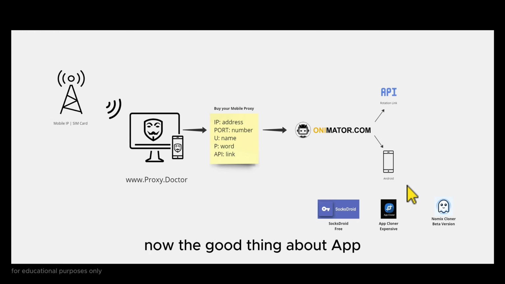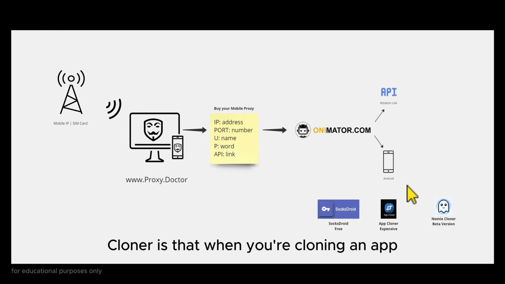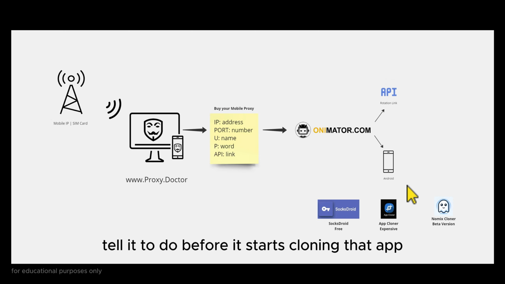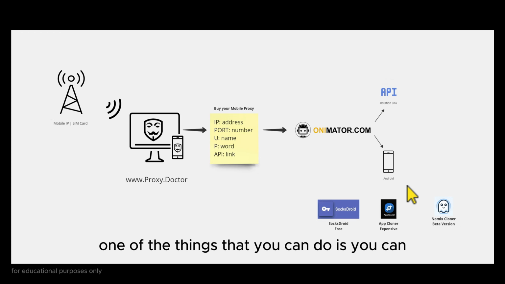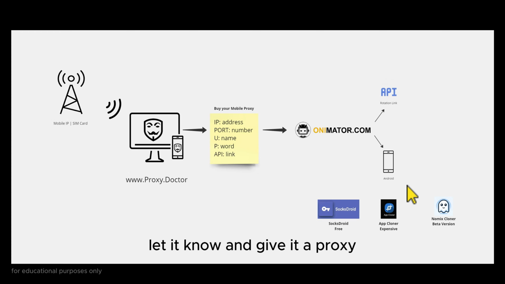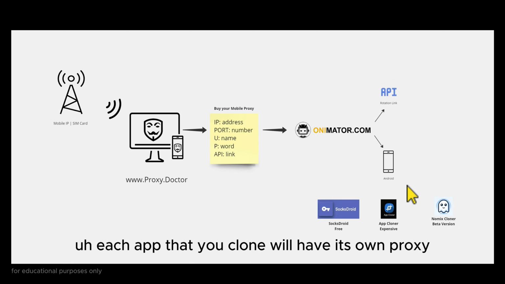The good thing about App Cloner is that when you're cloning an app, it has different settings that you can set before it starts cloning that app. You can basically change the cloned app. One of the things you can do is give it a proxy. So each app that you clone will have its own proxy.